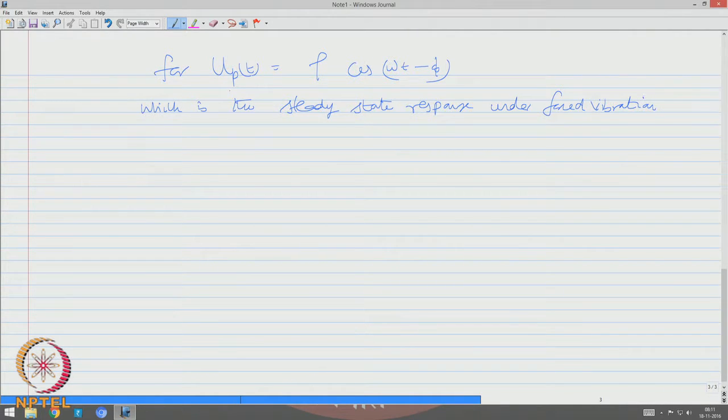That is why we are using suffix p. P stands for particular integral. On the other hand, we call that a steady state response.